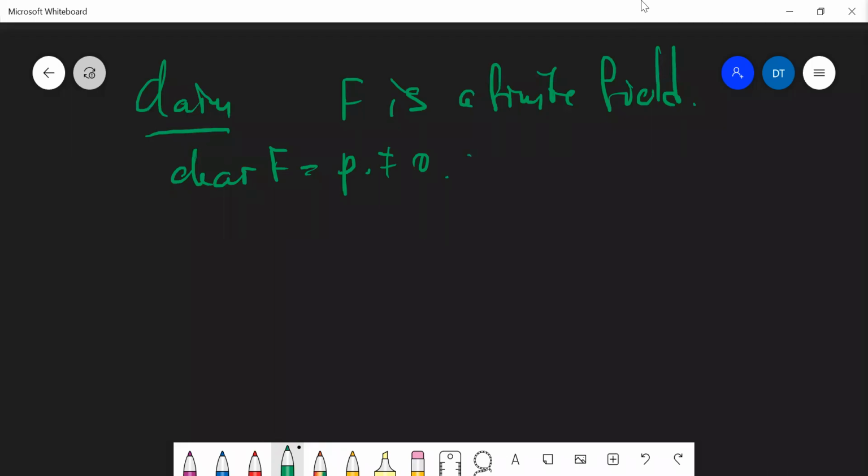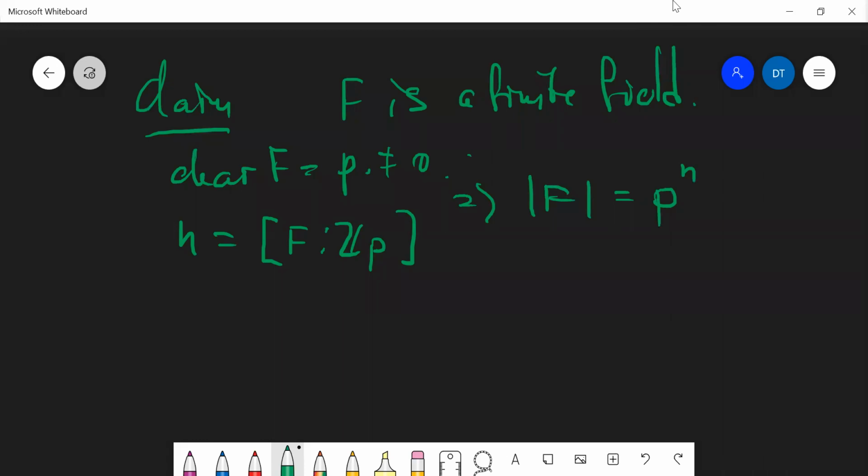Since it contains Z_p, it's a vector space over Z_p. I want to denote the dimension of F over Z_p by n. Since F is finite, the dimension is also finite, so it's a well-defined number. What I'm saying is that the amount of elements in F is equal to p to the n.